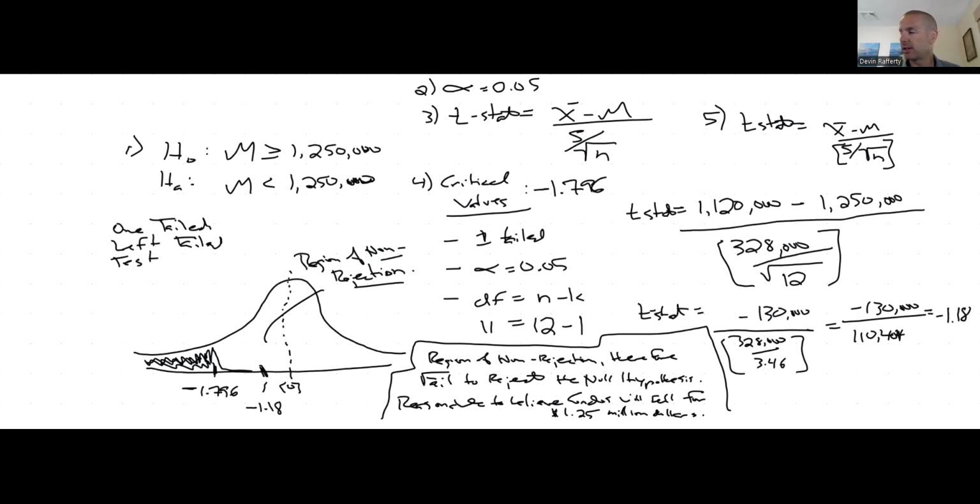If I fail to reject the null hypothesis, then I think it is reasonable to believe that these condos will sell for 1.25 million or more. That's what I'm saying.